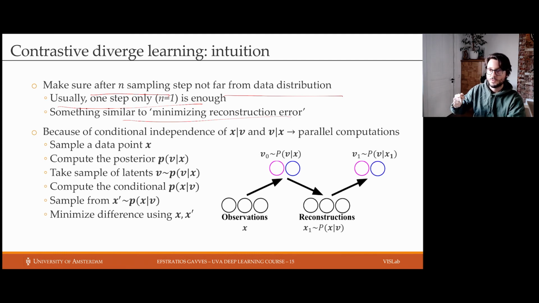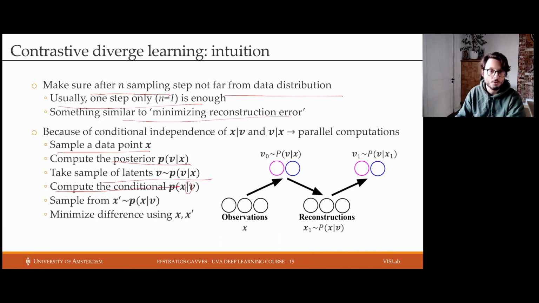So given our data point x, we compute our posterior function p of v given x. We take a sample from it, so something like, okay, we can understand how this works. And based on our latent variable, we feed it to our second conditional.